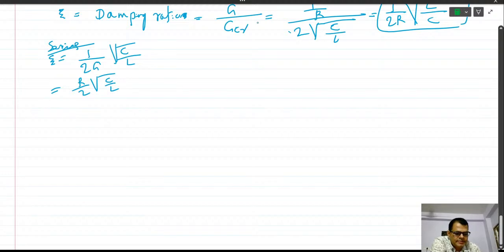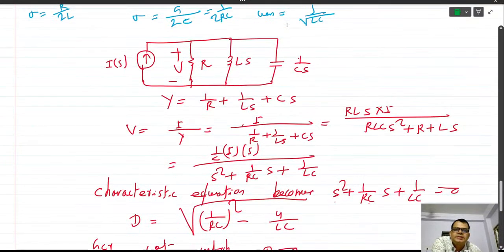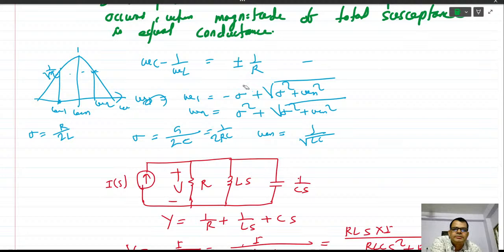That day I tabulated it. Bandwidth of the parallel circuit is equal to, see here, the same relation, omega 2 minus omega 1, that is 2 sigma. Not sigma square, sorry, nobody pointed it out.